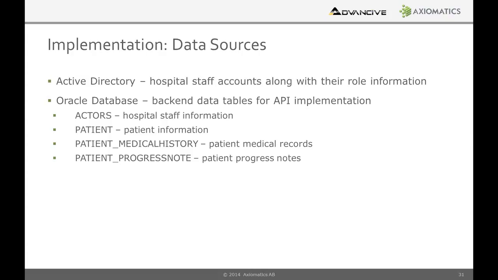Table actors has the hospital staff information, information about the doctors. Patient table has the patient information. Patient medical history contains medical records. And then patient progress note contains data about the patient progress notes. And we will look at those tables as we go through the demo.